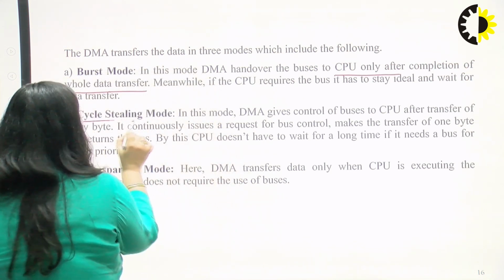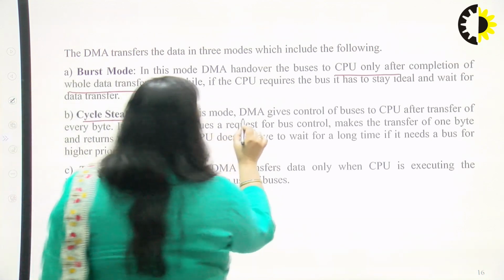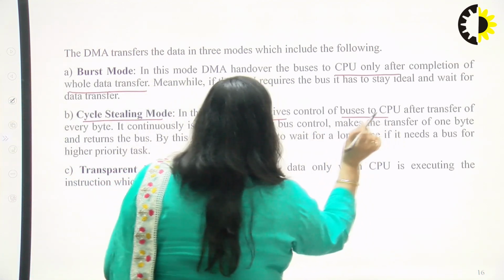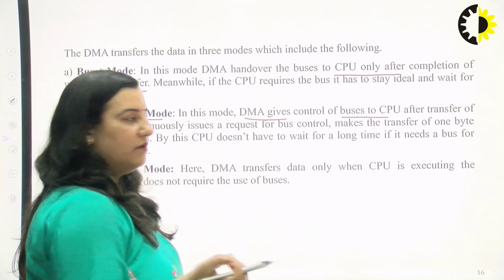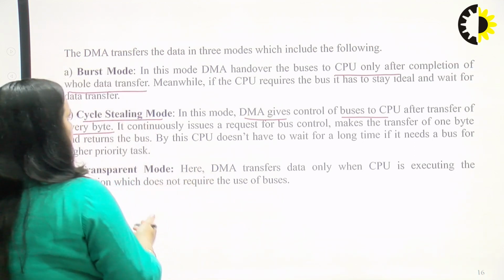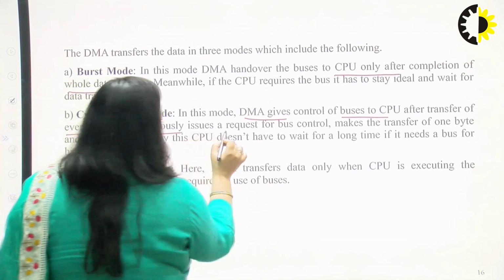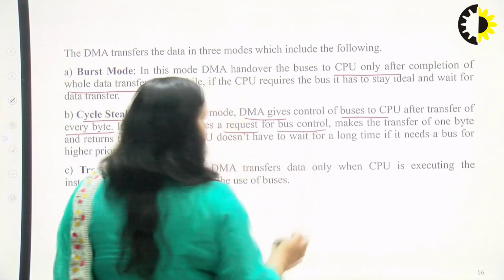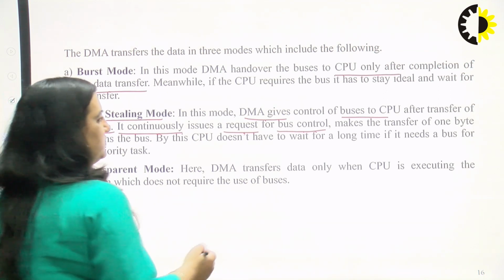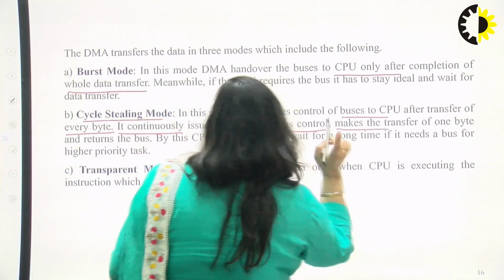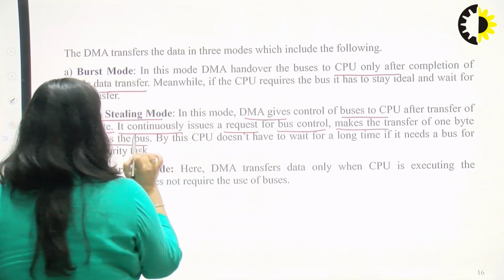And in cycle stealing mode, DMA gives control of buses to the CPU after the transfer of every byte. After every byte, DMA gives the control to CPU and it continuously issues a request for bus control. It again and again issues a bus control request, makes a transfer of 1 byte and returns the bus.